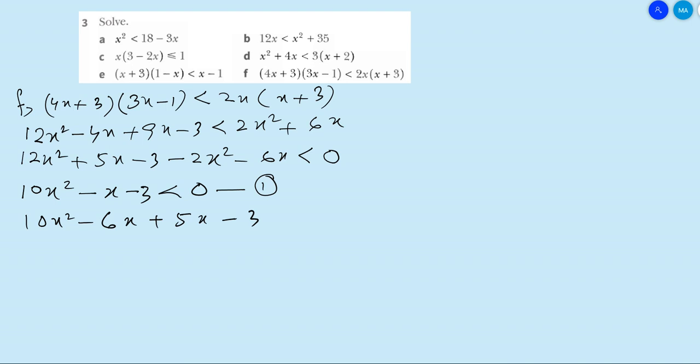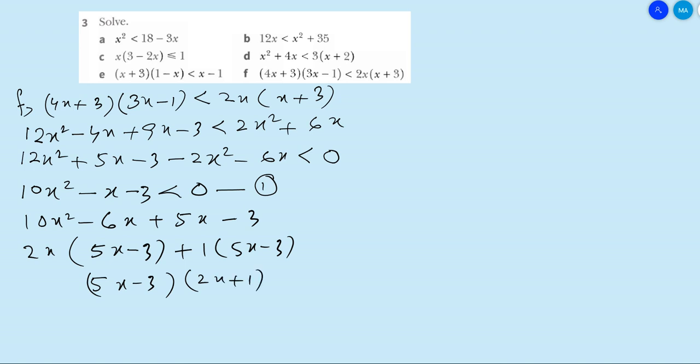Taking 2x common from the first two, it will be 5x minus 3, plus 1 times 5x minus 3. This implies (5x - 3)(2x + 1). Take this equal to y and put y equal to 0.